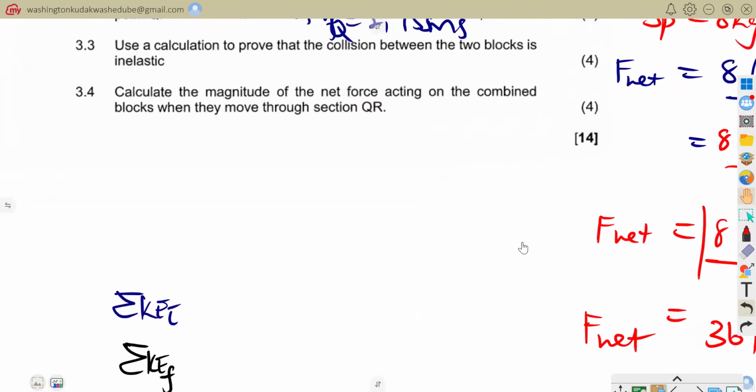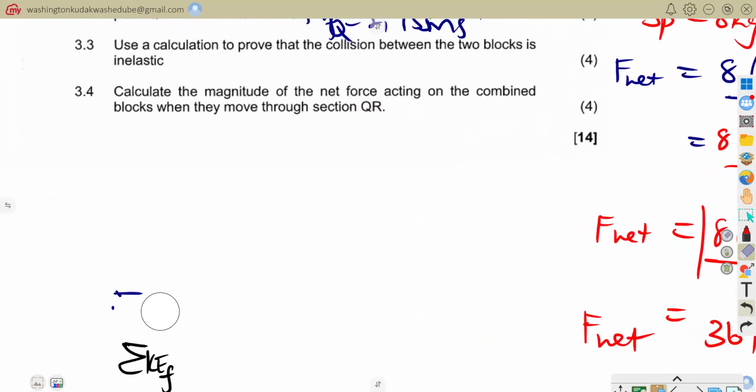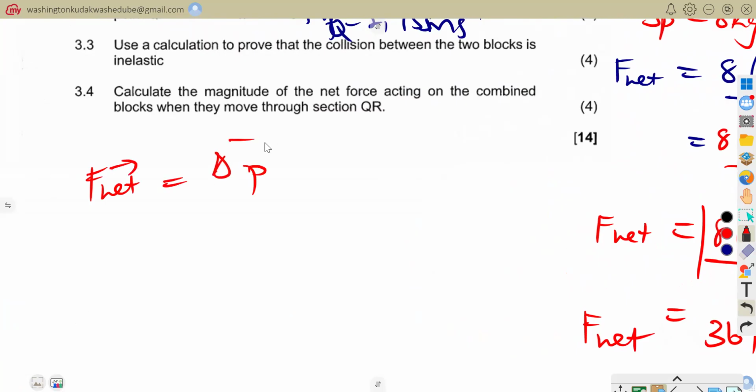Here they said calculate the magnitude of the net force acting on the combined blocks when they move through section QR. So I've used the principle that says net force is equal to the rate of change of momentum per unit time.